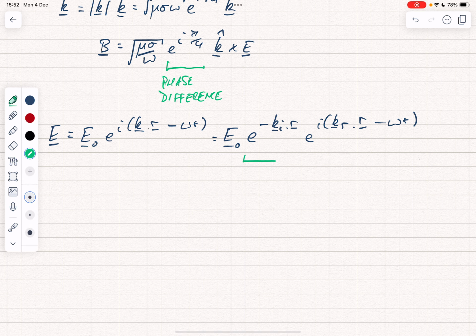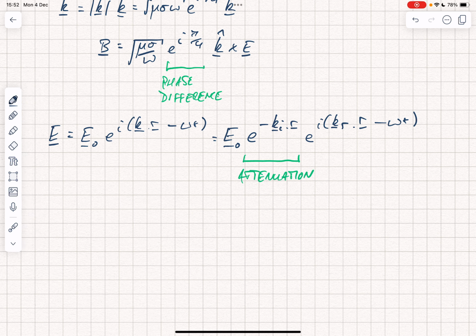And so here we have what's normally known as an attenuation, which means a distance-based reduction. You could think of it as a damping, though the word damping is generally used in terms of time variation, and in this case attenuation is a better word to use. Essentially, the amplitude of the electric field decays exponentially into the system.